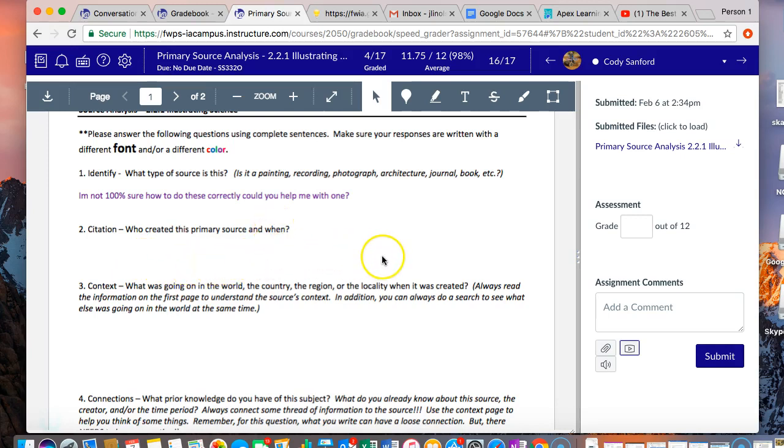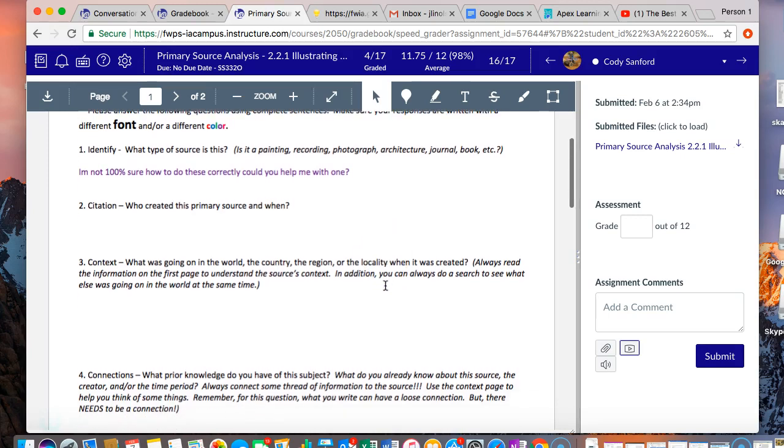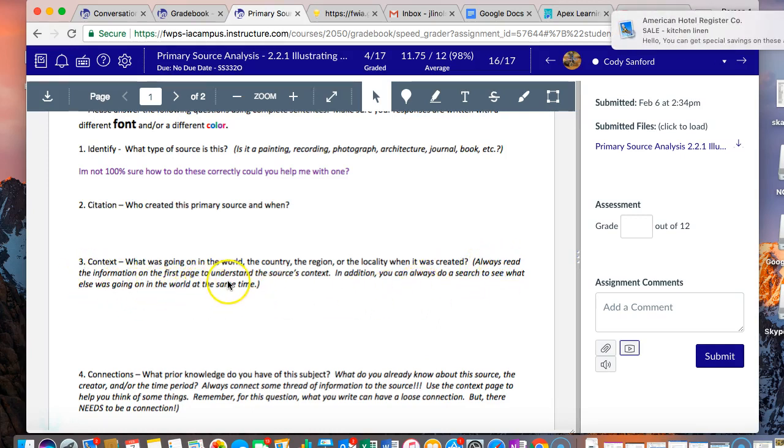And they created these in the 1600s. I remember that from looking at the info earlier. What was going on in the world, the country, the region, or the locality when it was created. So here in parentheses I tell you, always read the information on the first page to understand the source's content. Now if you want to do an additional search, you are more than welcome to do that.